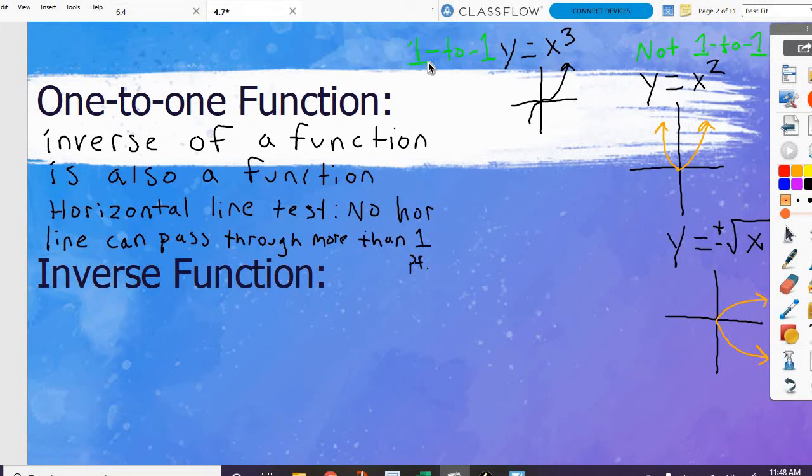Alright, so now remember that our inverse function, we kind of talked about generally what it means as far as it kind of undoes the other stuff.